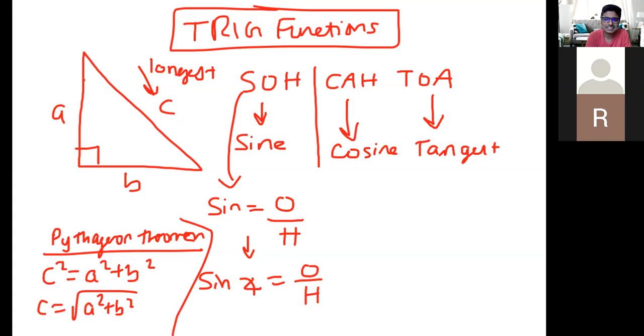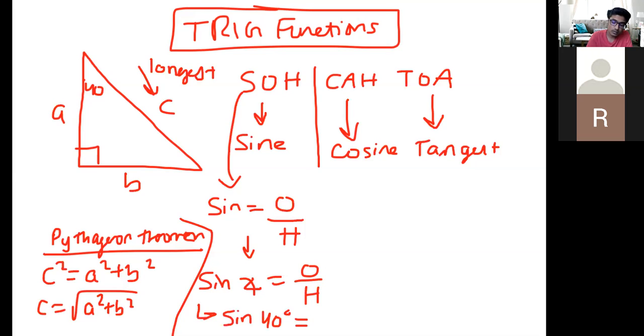Going back to this idea of sine. Say I have an angle called angle X in that top corner towards the left, and I want to take the sine of that angle. Say I know that this angle X is 40 degrees. If I want to take the sine of that angle, I do sine of 40 degrees.